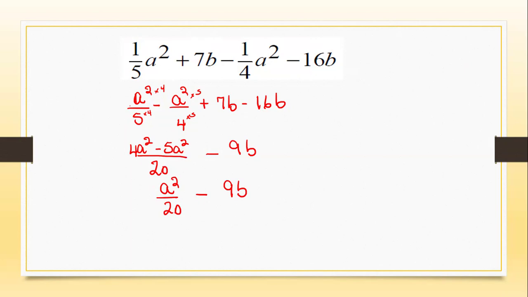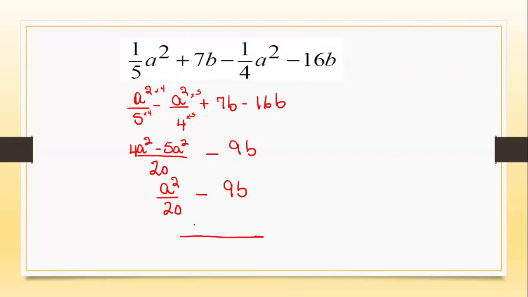Now, if we want to write it as one fraction, we would have 9 times 20, 180b, a squared minus 180b. We don't need to. We simplified it. Now let's make it one fraction. I'm going to multiply by the 20 here.